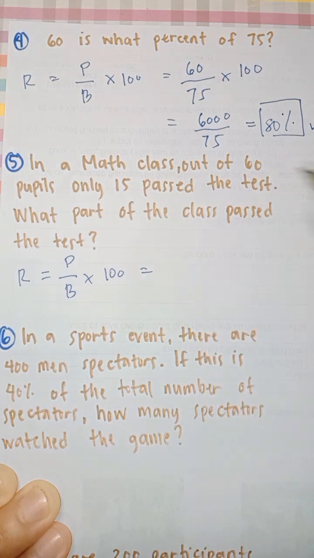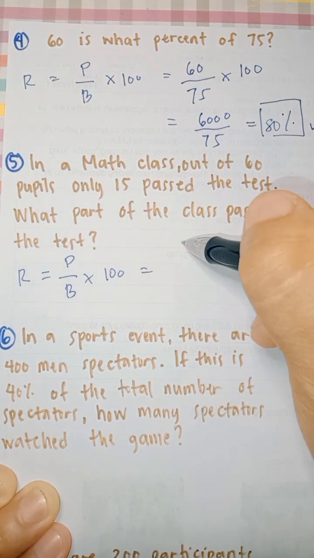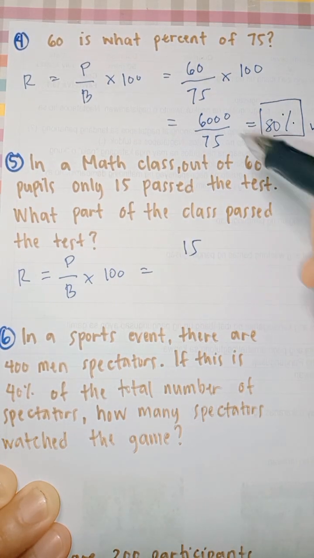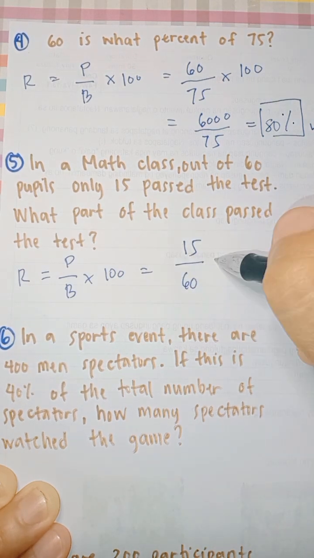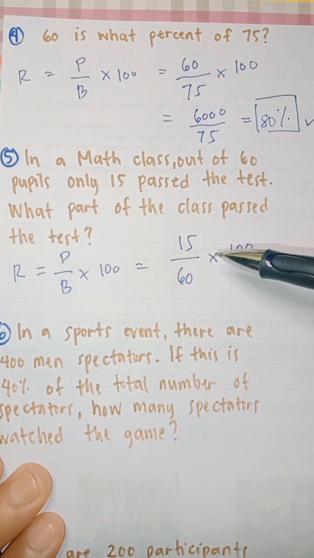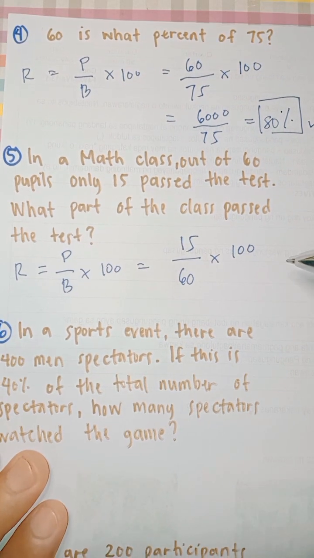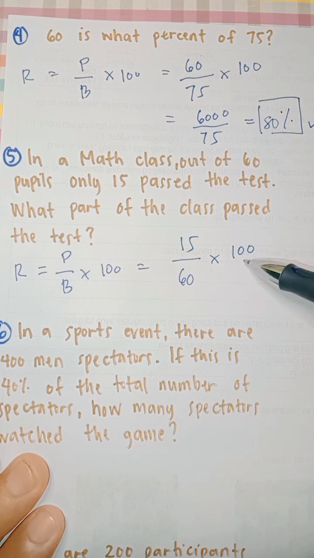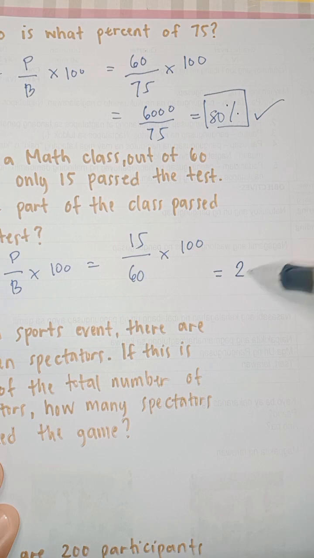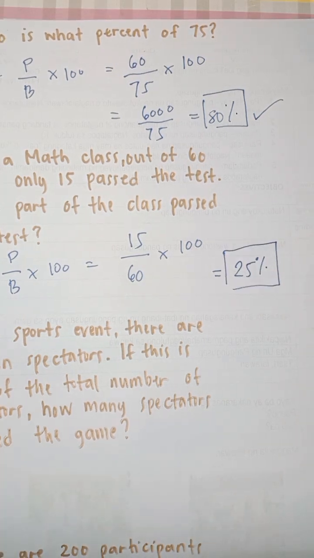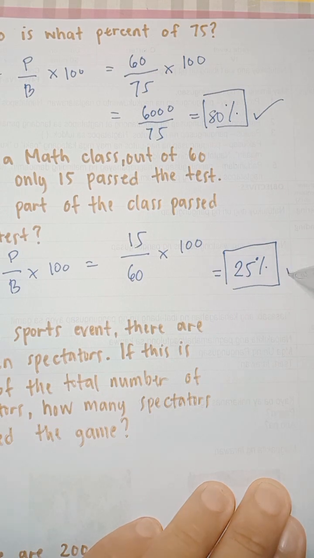So, 15 is the percentage and 60 is the base, times 100. Now, 15 divided by 60 is just 0.25 times 100. So, this means only 25% of the class passed the test.